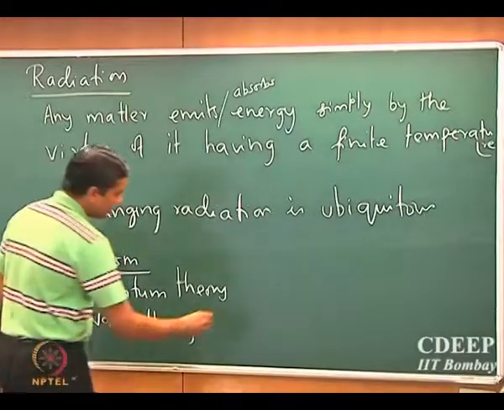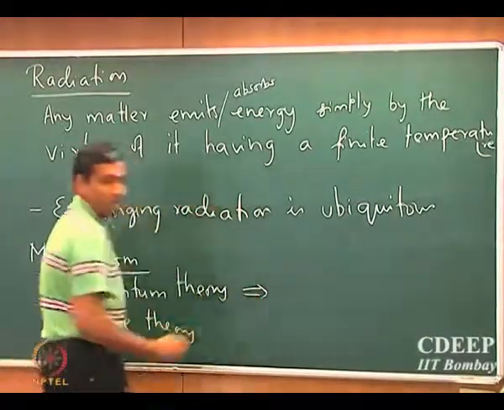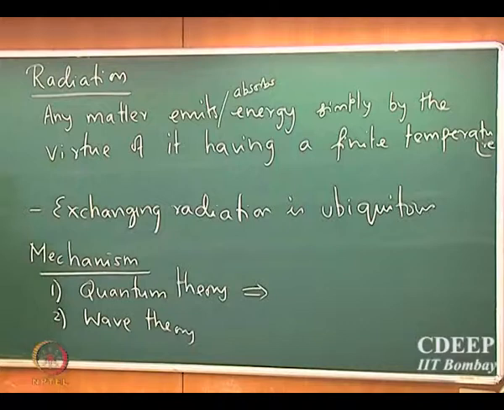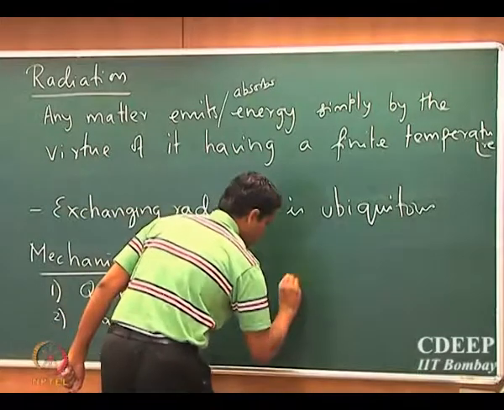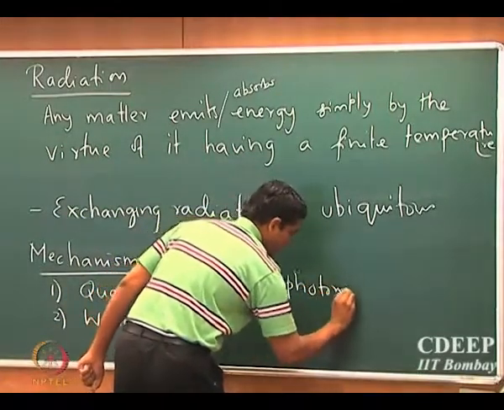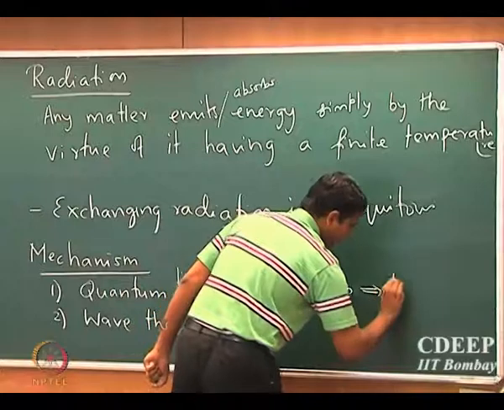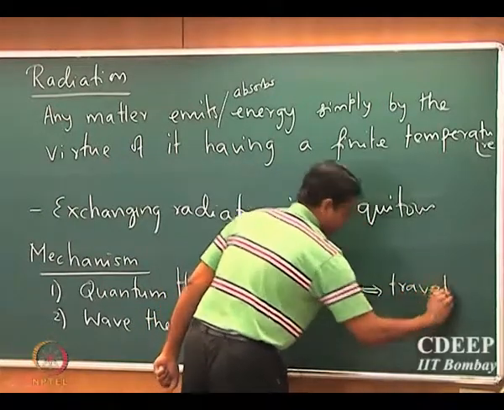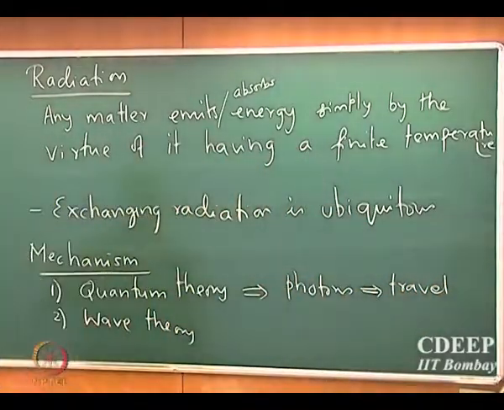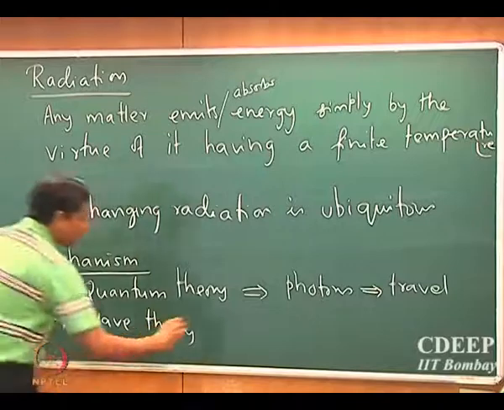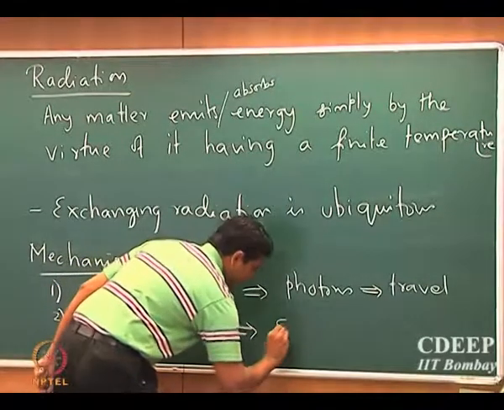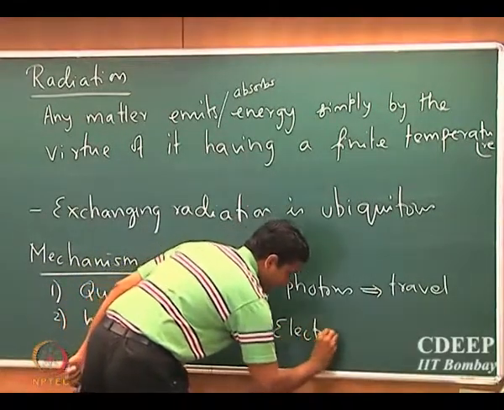The quantum theory, again, is a postulation. It's believed that the object, because of its temperature, emits quanta or photons, and these photons travel, and when they hit the other object they leave their energy, and that's how energy is transmitted from one object to another. The other theory is that these are electromagnetic waves.